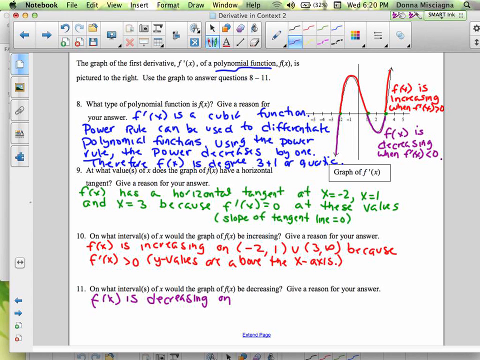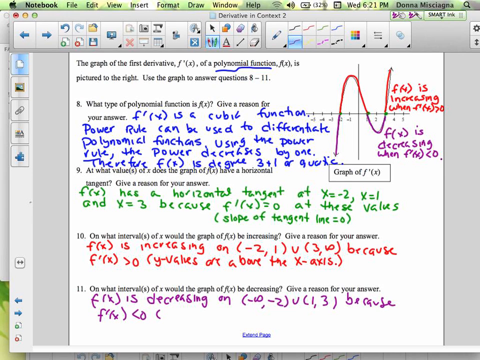on negative infinity to negative 2 and 1 to 3, because f prime of x is less than 0.